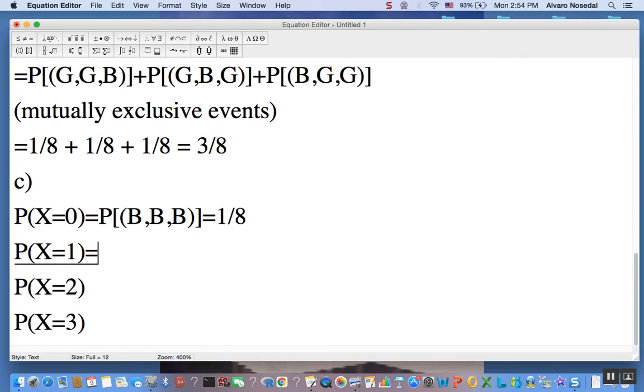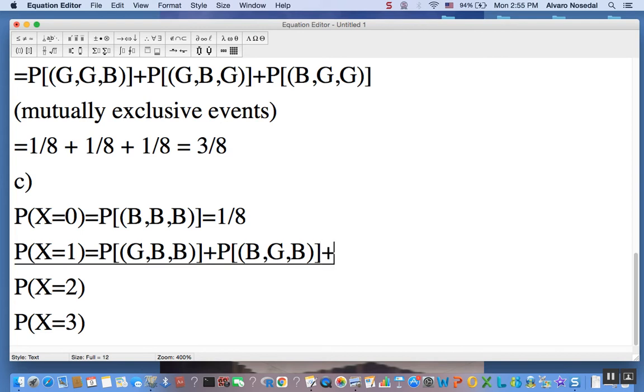X equals 1. In that case, it would be the probability of having just one girl. So it could be something like this. The first one is a girl, the last two children are boys, or first one is a boy, second child is a girl, and last one is a boy.